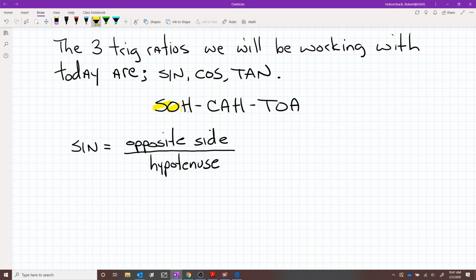The S, the O, the H. Cosine of an angle is equal to the adjacent side divided by the length of the hypotenuse.